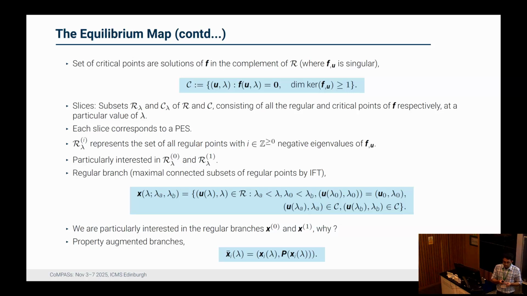The edges are the equilibrium paths of different types, whether it is stable, rank 1 or higher rank, and the nodes interleaved in these are the critical points where the paths bifurcate or turn. So assume that this graph is going in the direction of lambda.